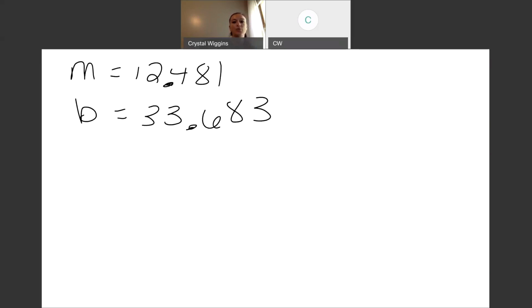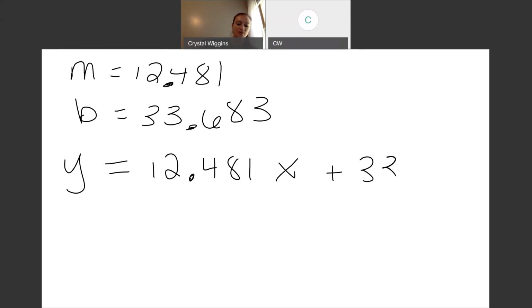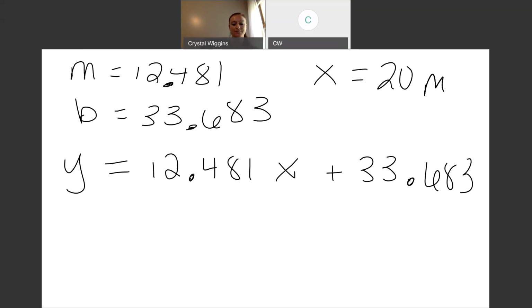So the equation to predict y, the time between eruptions, is 12.481 times x, x being the duration that Old Faithful just erupted for, plus the y-intercept of 33.683. Let's say we are told that Old Faithful just erupted for a duration of 20 minutes.